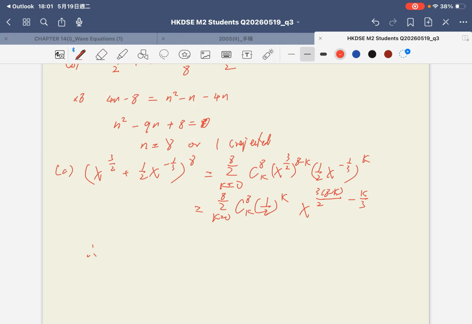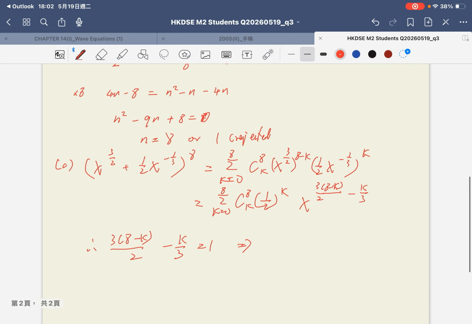Therefore, we have 3 times (8 minus k) over 2 minus k over 3 equal to 1. Both sides multiply by 6. Then 72 minus 9k minus 2k equal to 6. Let me check.